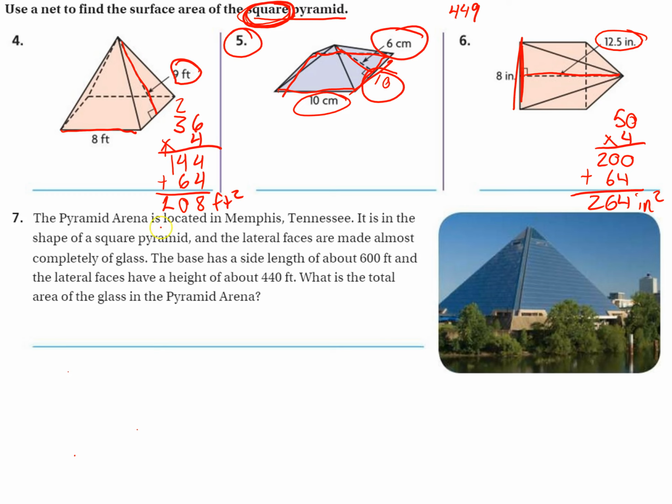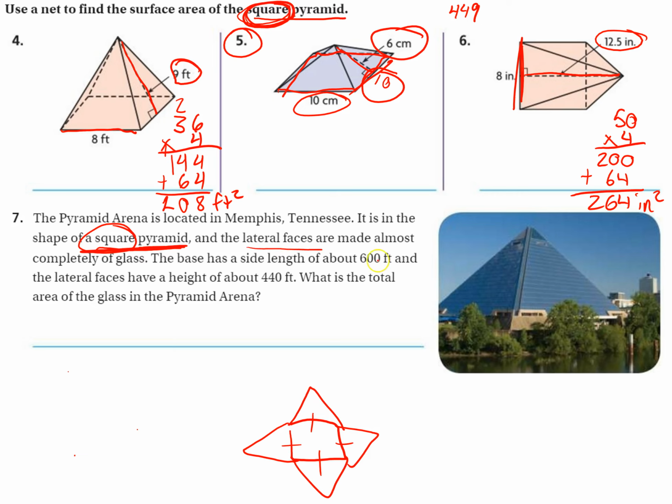Okay, the Pyramid Arena is located in Memphis, Tennessee. It is in the shape of a square pyramid, so I know I have a square base and then triangles coming off the sides. And since it's a square, I know all these sides are the same length.